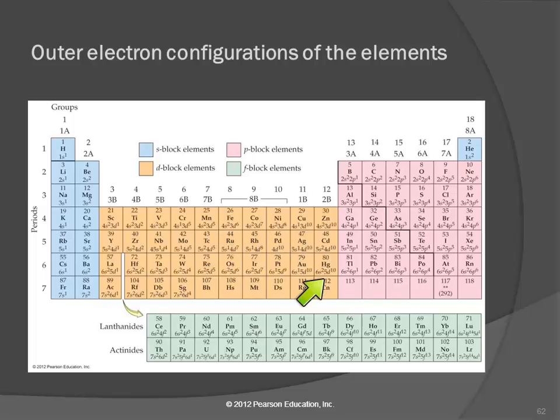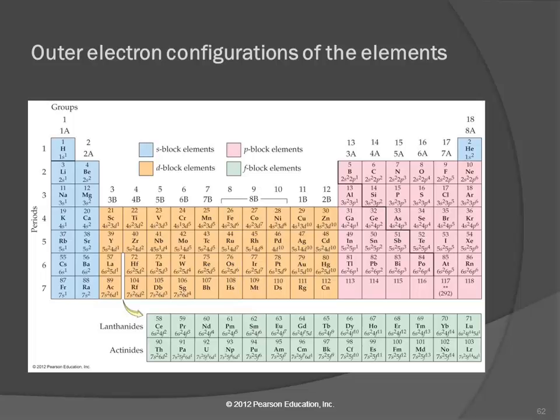So most of the transition elements have 2 valence electrons. And they do have similar characteristics. They're all metals. They form positive ions. And yet they're not all exactly the same. And then there are some interesting anomalies in there as well.